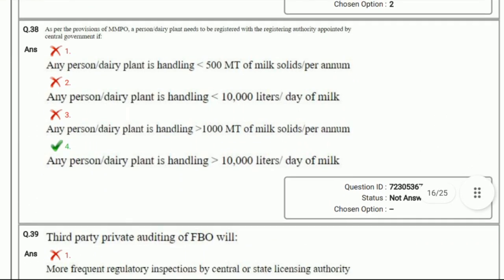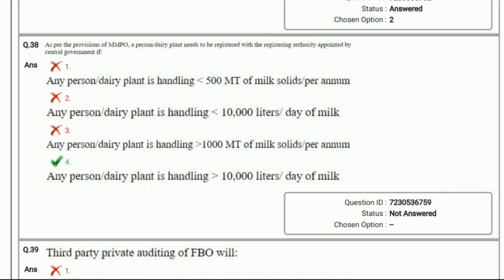Next question is, as per the provisions of MMPO, a person dairy plant needs to be registered with the registering authority appointed by central government if. So there are different provisions given in FSSA Act, like which FBO needs to have the central government licensing, which needs to have the state government registration.